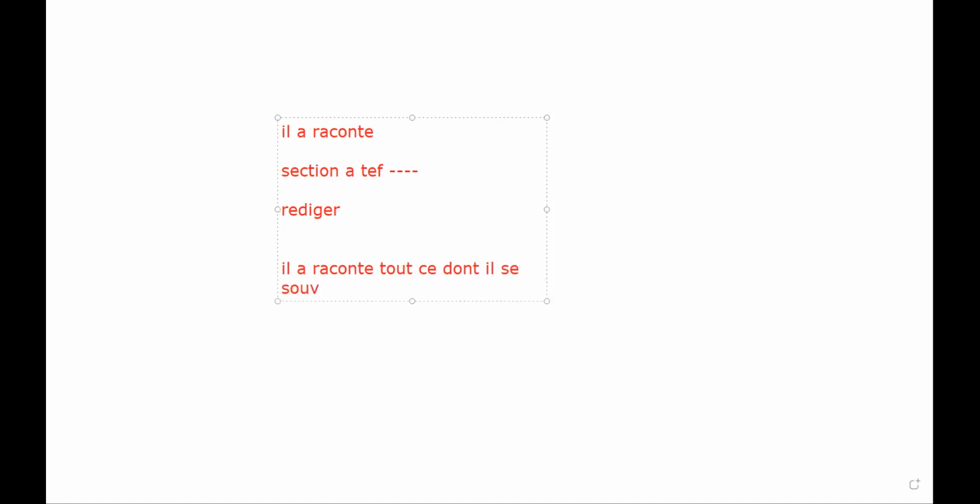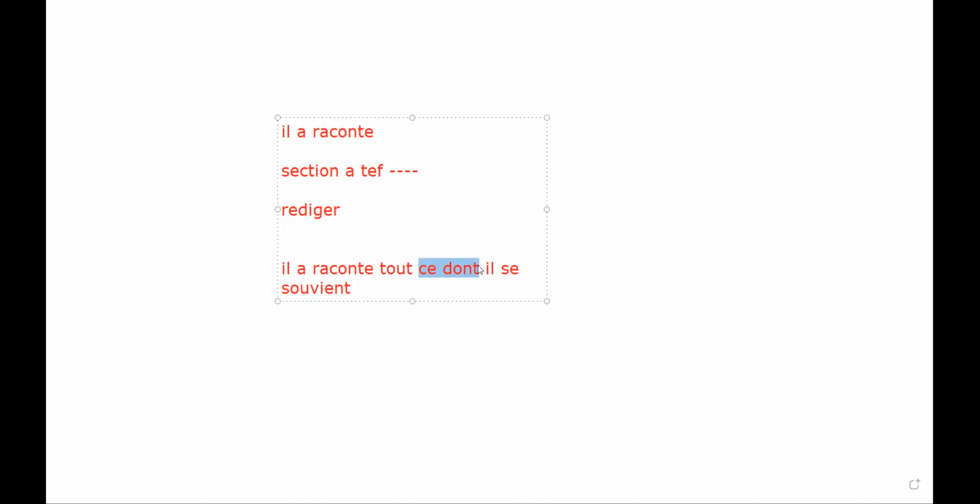Very important, my team. I'm using over here ce dont. Ce dont is my pronoun relative, my team. Ce dont. Now répétez après moi. Il a raconté, because that's how we can increase our writing skills.